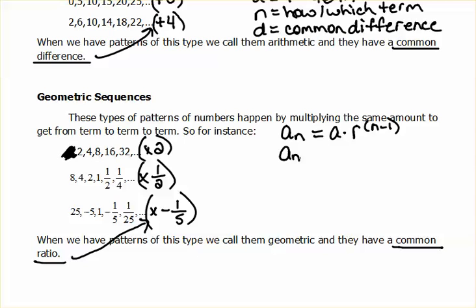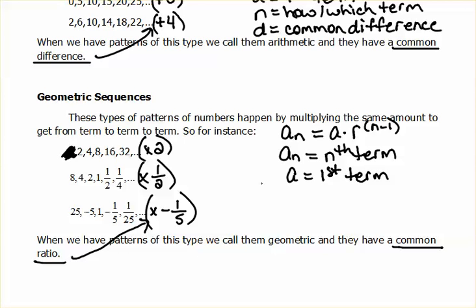A sub n, again, is the nth term. So if I ask you, like in this second example, what is the fifth term? Well, that would be 1/2. So in that case, a sub 5 would be 1/2. A, just like before, is the first term.